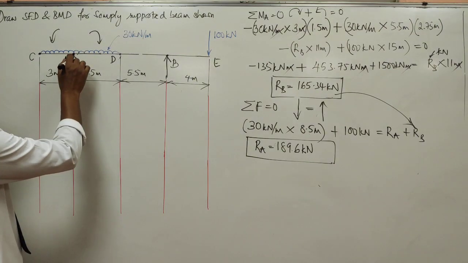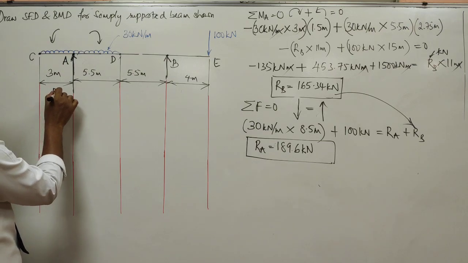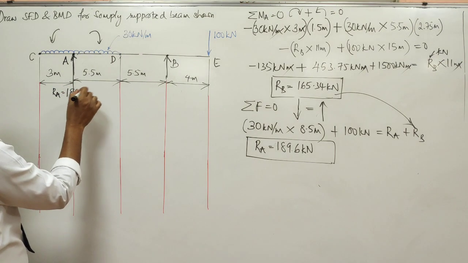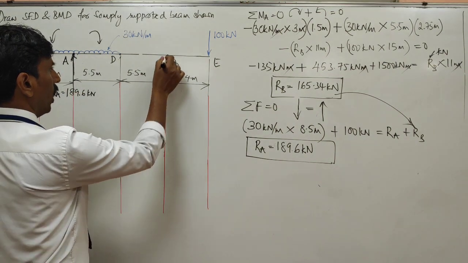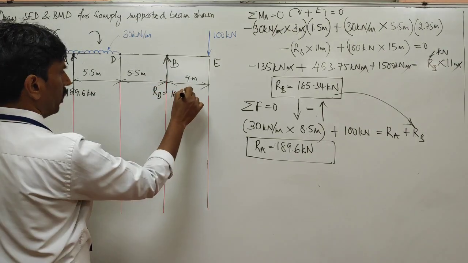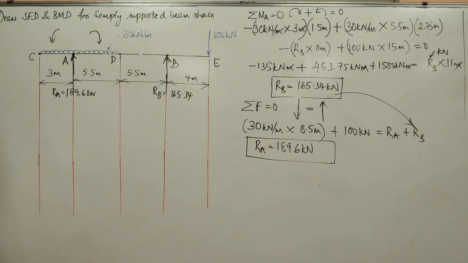So let us write this RA value, which is equal to 189.6 kilonewton, and this RB value as 165.34 kilonewton.